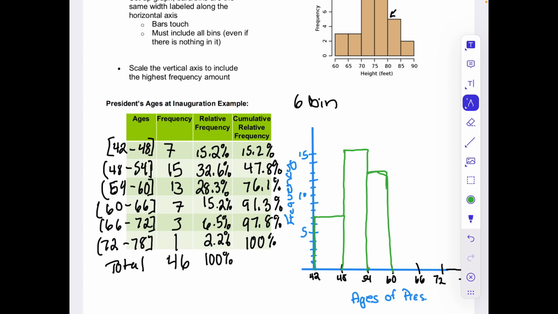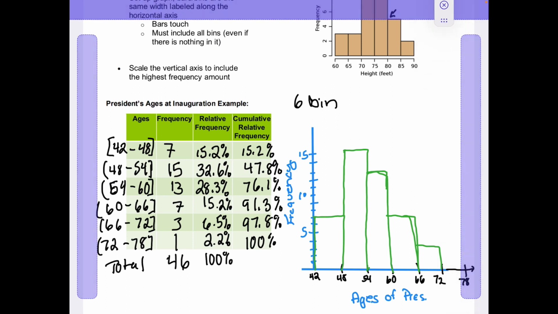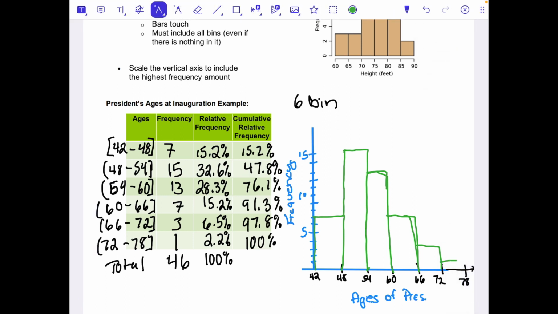Oops. 7 again. 3, and then 1, and that would be my histogram.